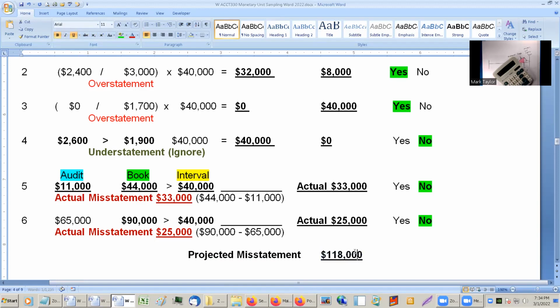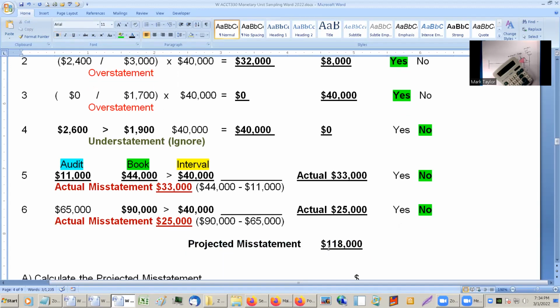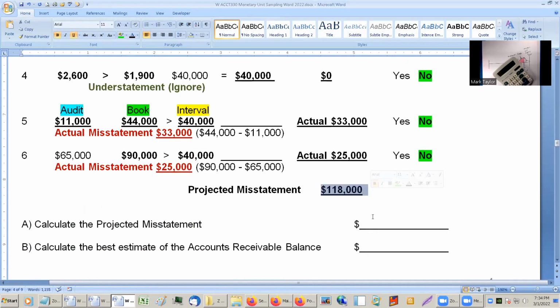I got the number. Okay, so 118. So this is the projected misstatement.